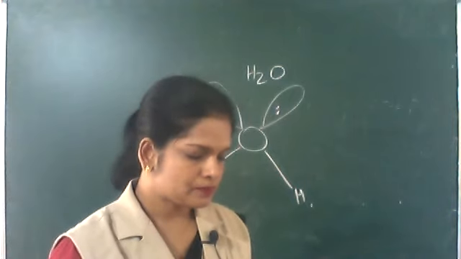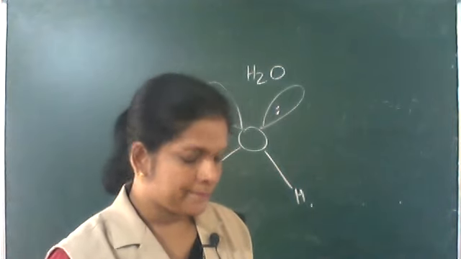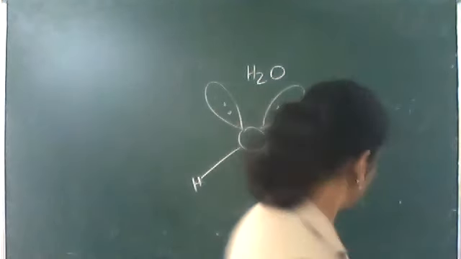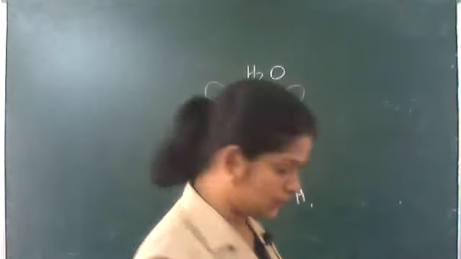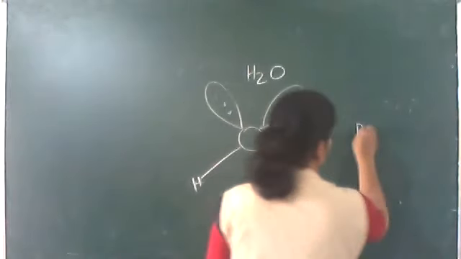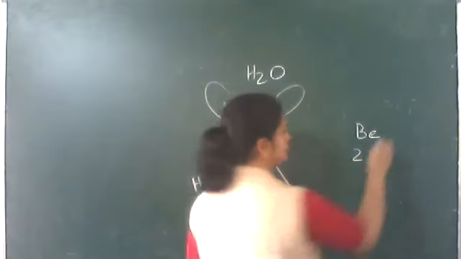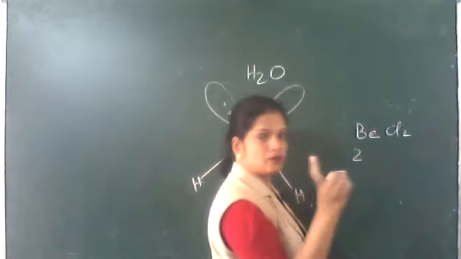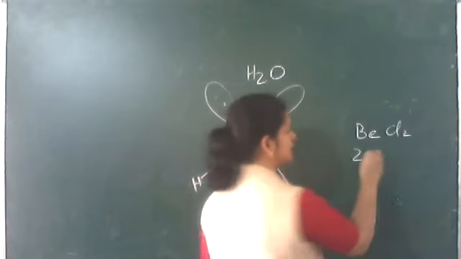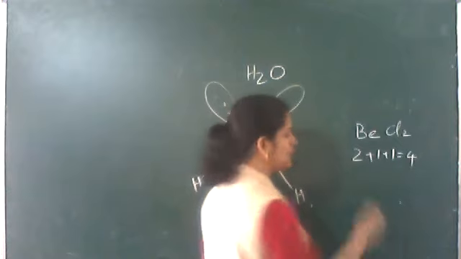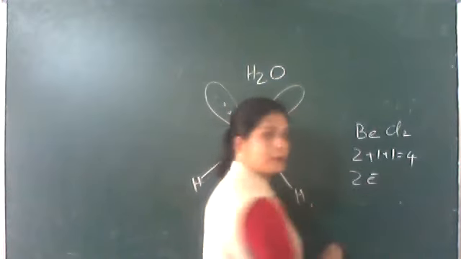Suppose BeCl2. For BeCl2, Be, beryllium, has 2 electrons. Cl2, that is one electron from one chlorine, another electron from the other chlorine. So altogether 4 electrons. 4 electrons means 2 electron pairs.